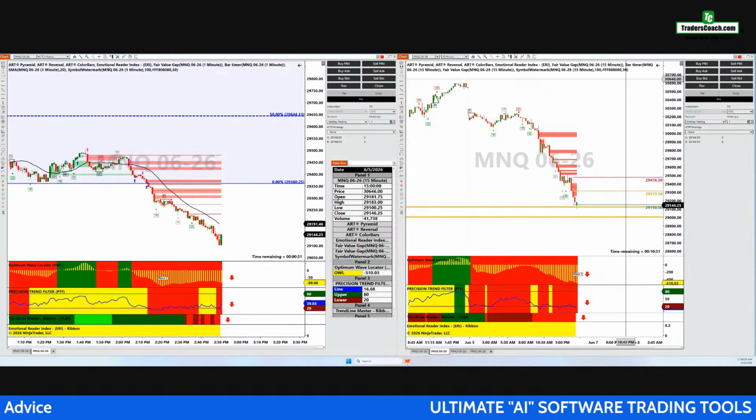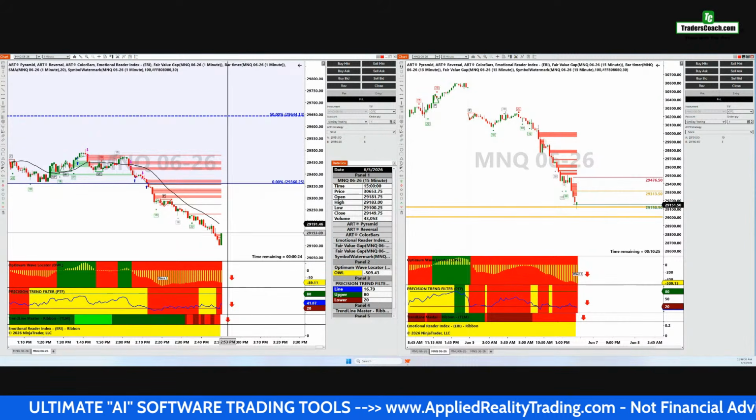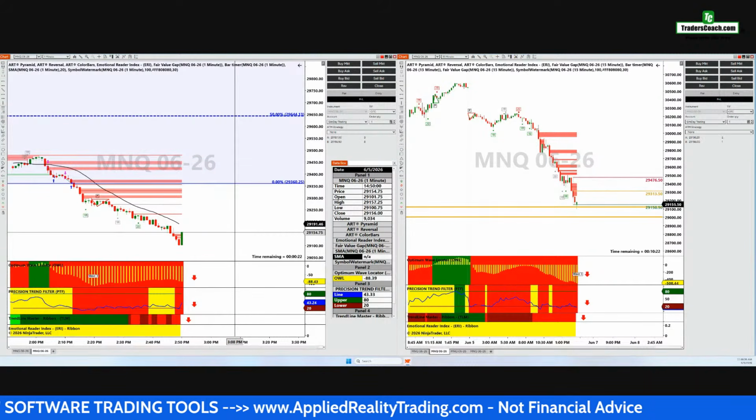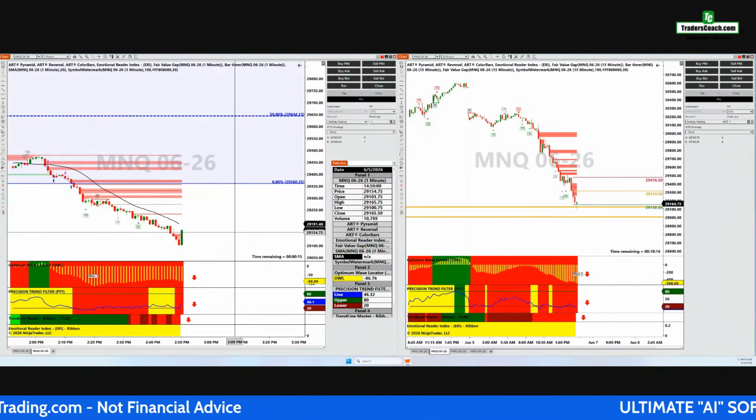That's 1 micro. So all you guys trading those $50,000 profit accounts, take note of that. You can maintain really good risk control and still make quite a bit of money.